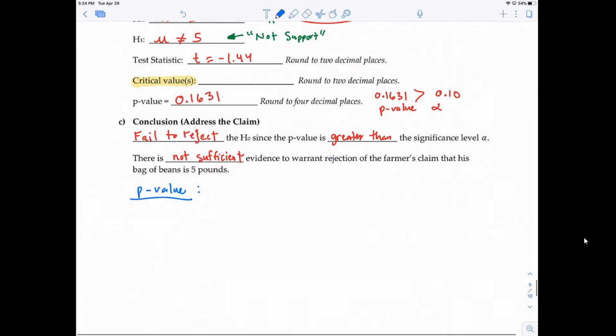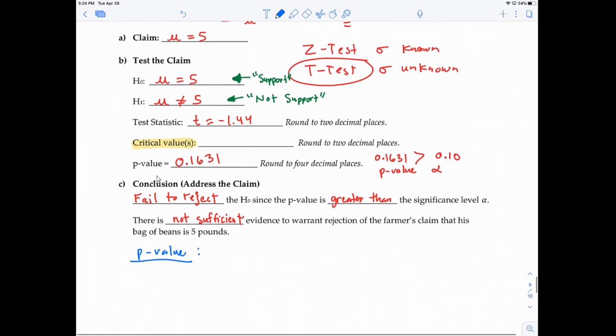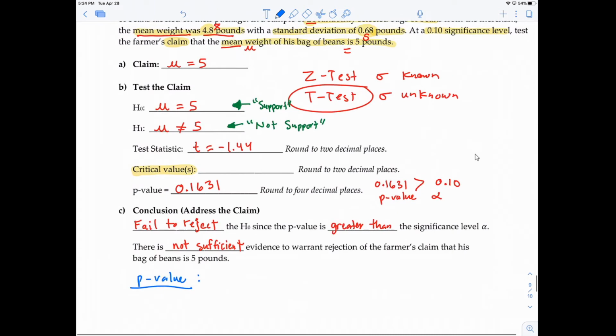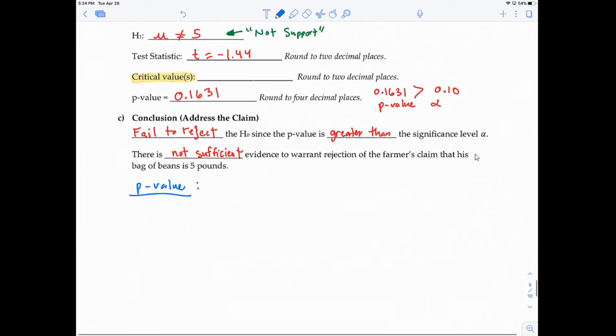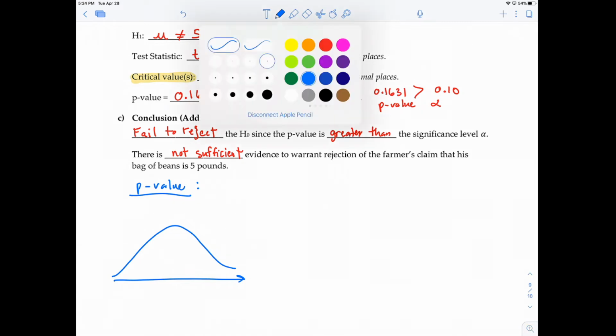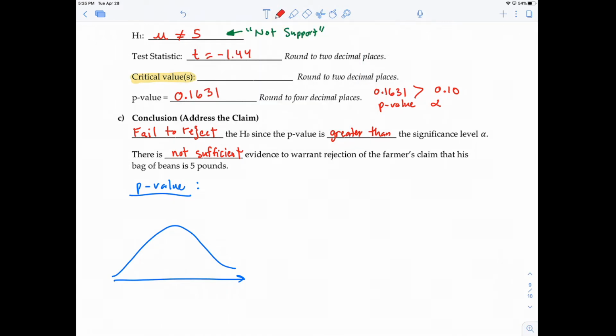This is a t distribution, because the test statistic was t and sigma is unknown. Given a standard t distribution, which looks a lot like a normal distribution, and the test statistic is negative 1.44, the p-value is going to be the area to the left combined with an area to the right of equal value.